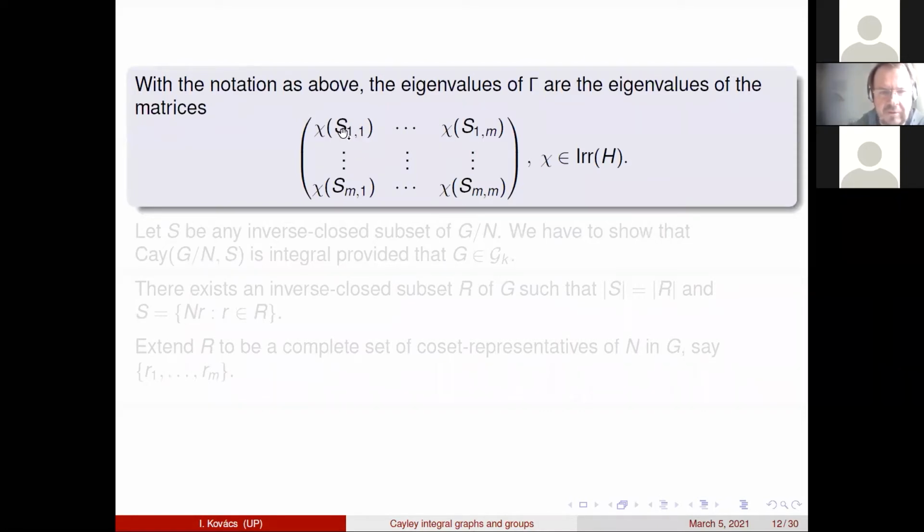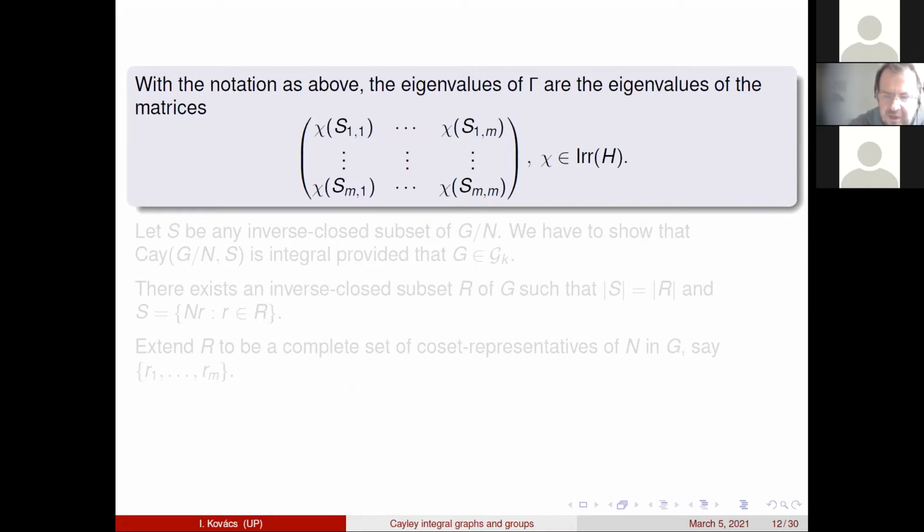But if you put one element here, you just get a complex root of unity, and the Hermitian adjacency matrix also has this property. This is one reason I wanted to show this. Also, this restriction that you have a semi-regular group is not very restrictive, because it is conjectured that every vertex-transitive graph has a non-trivial semi-regular subgroup.